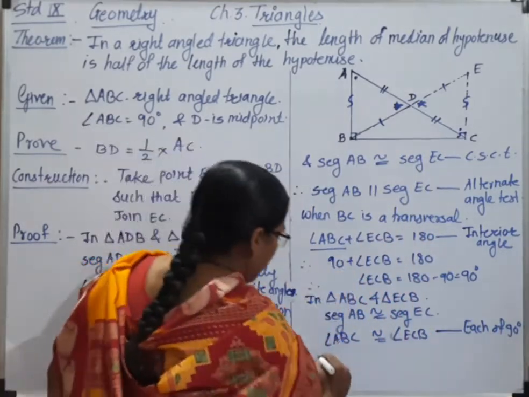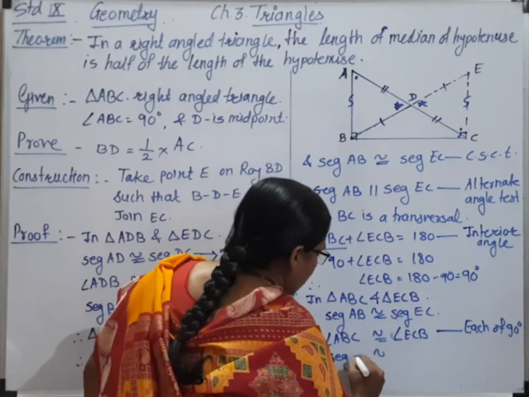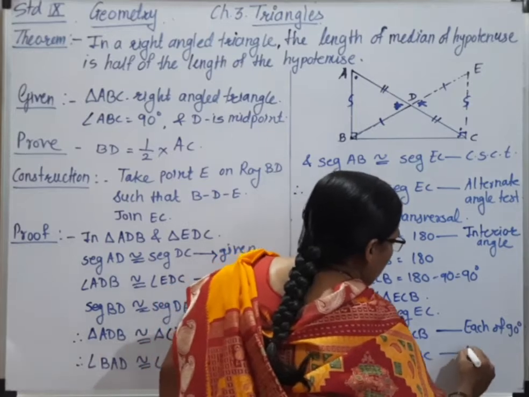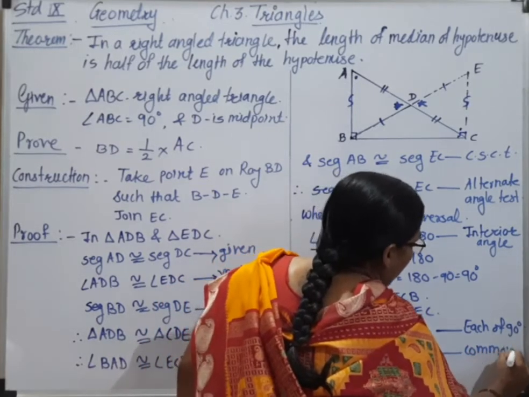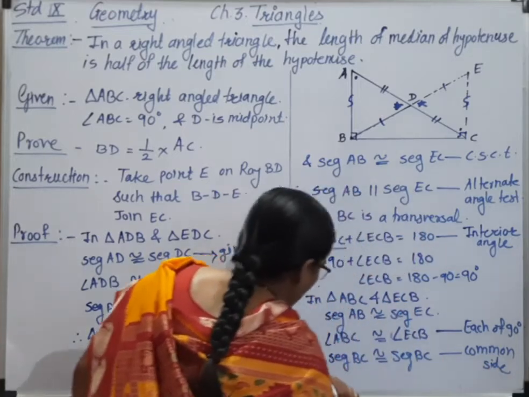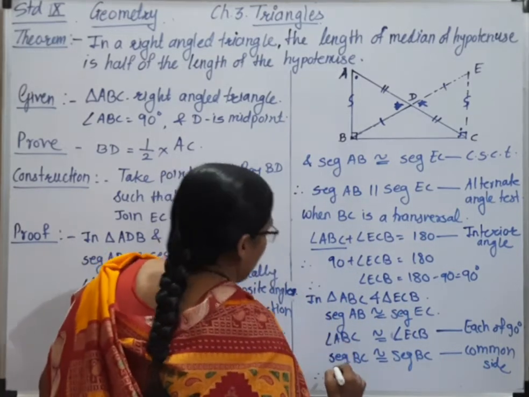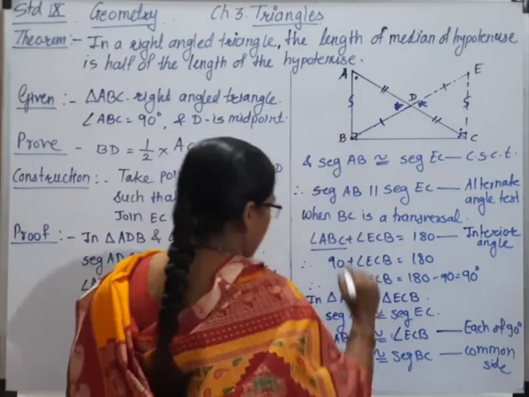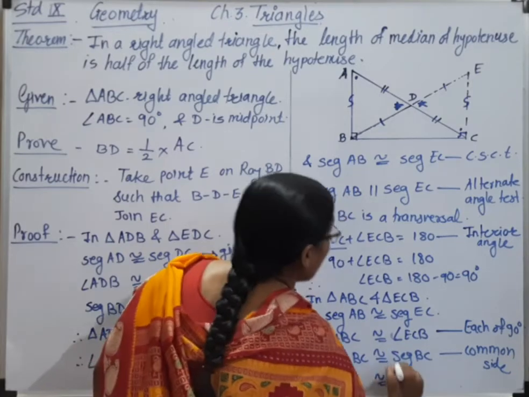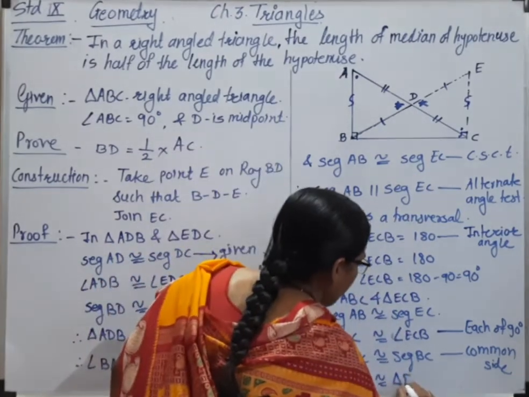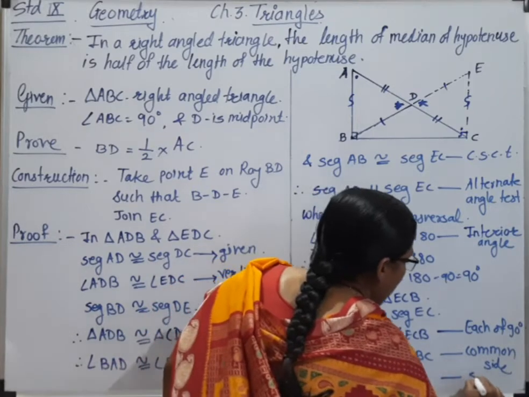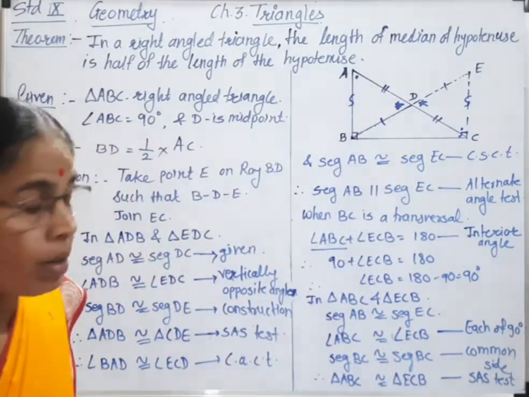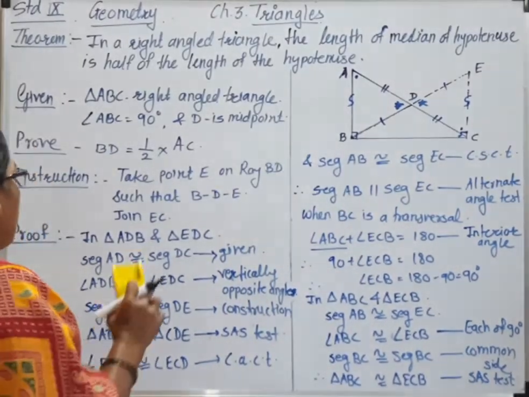And BC is common, segment BC is congruent to segment BC, which is the common side. Therefore triangle ABC is congruent to triangle ECB by SAS test. And if these two triangles are congruent by any test, then their remaining sides and remaining angles are also congruent.